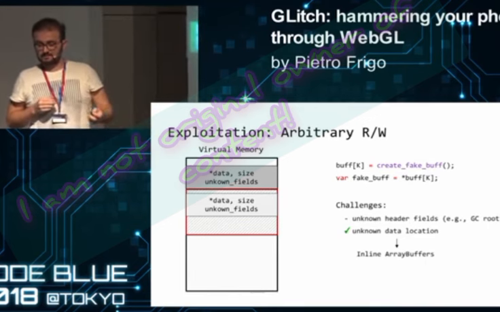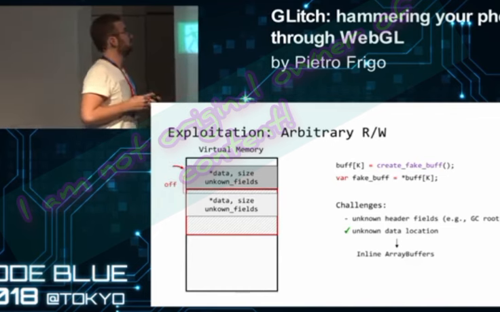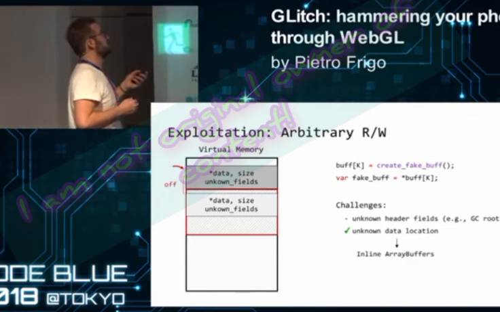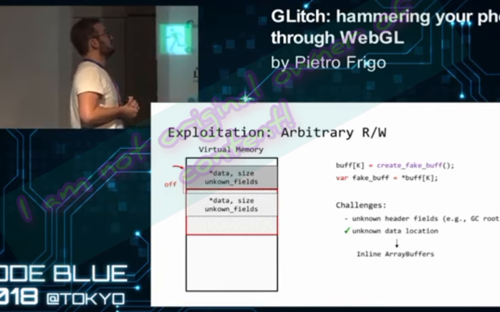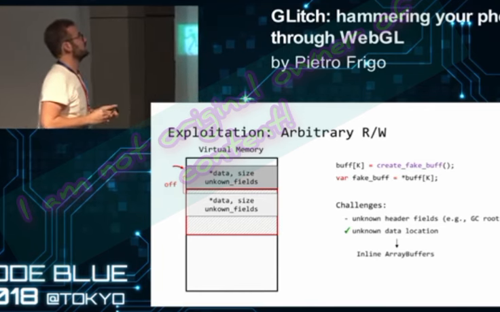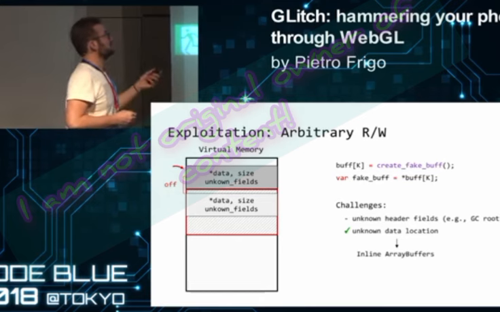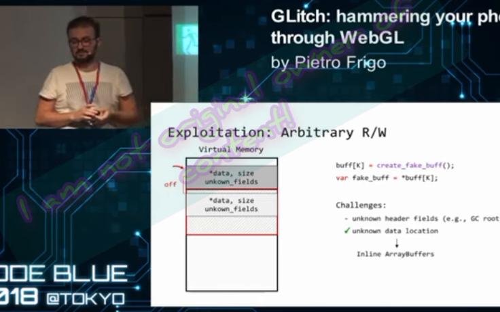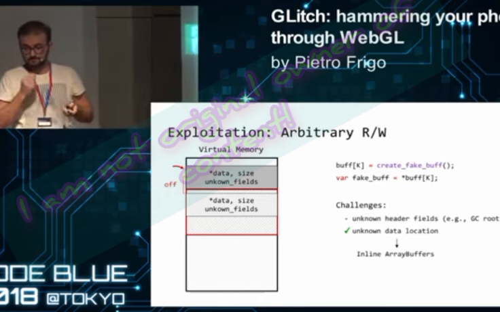And for the second challenge, once you know the header and the data are connected, then once you leak the data pointer, you can also know the offset between that and the byte array.